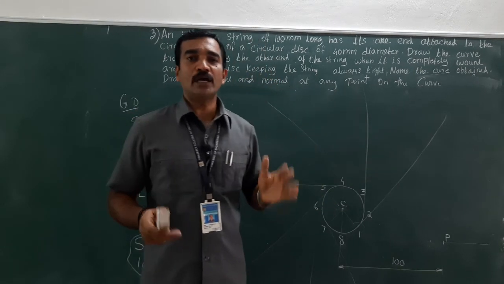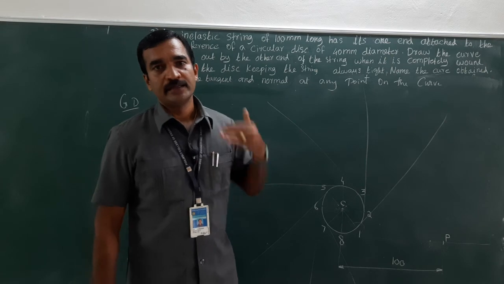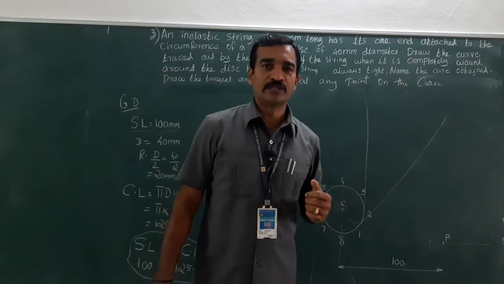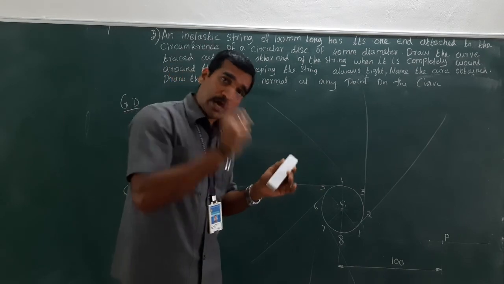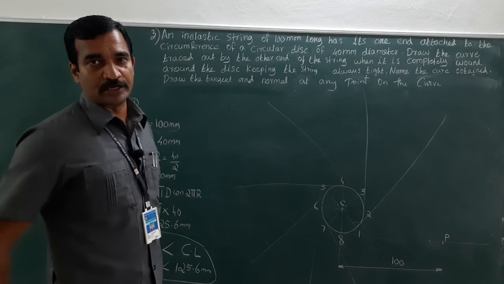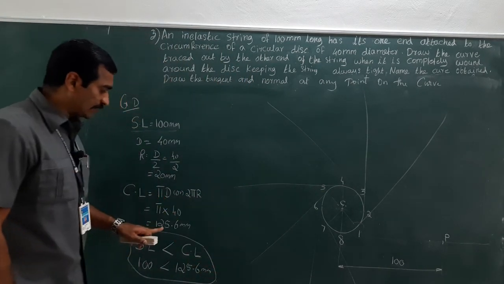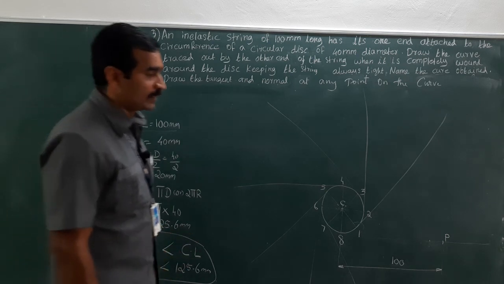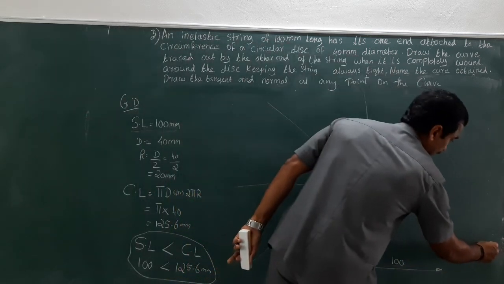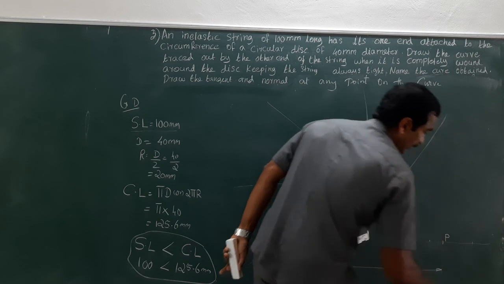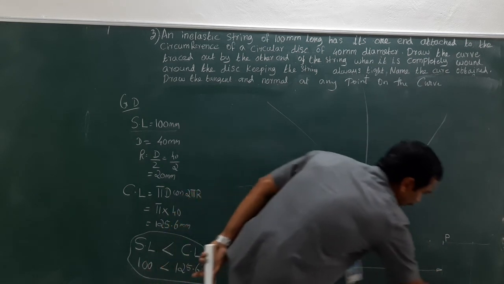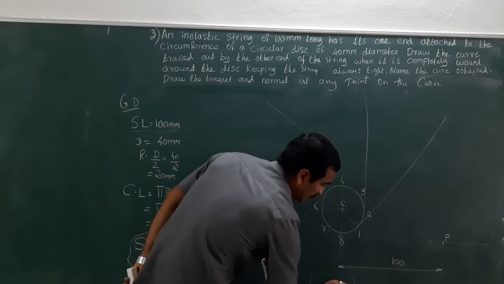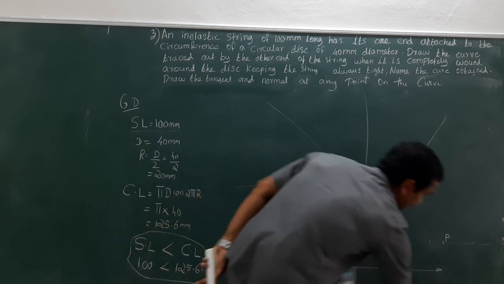If both are equal, then you can divide that length into 8 equal divisions; or else the circumference length alone needs to be divided into 8 equal divisions. Look here, the circumference length is 125.6. So take 125.6 here. It would be somewhere here. This is 125.6, which I am just writing for your understanding.